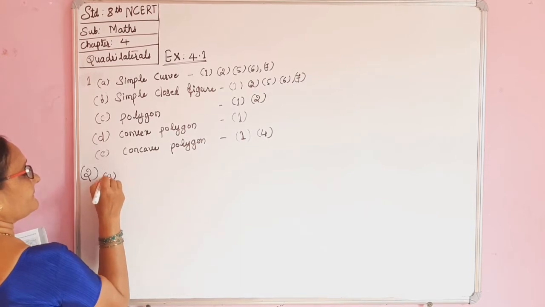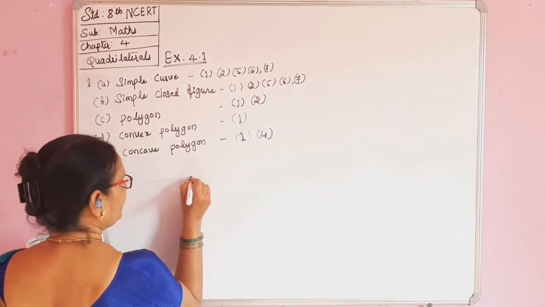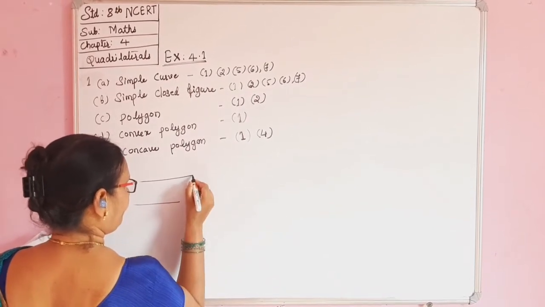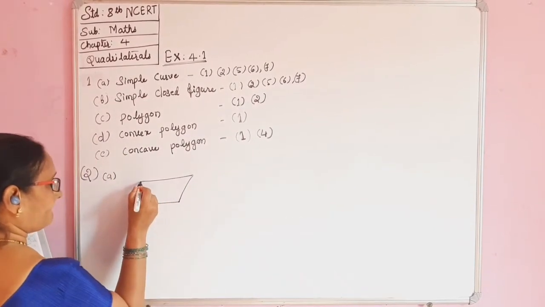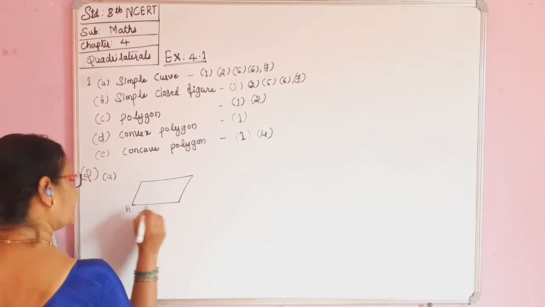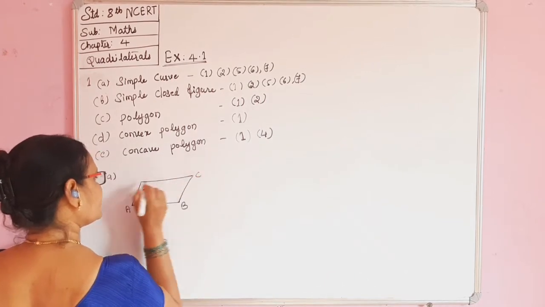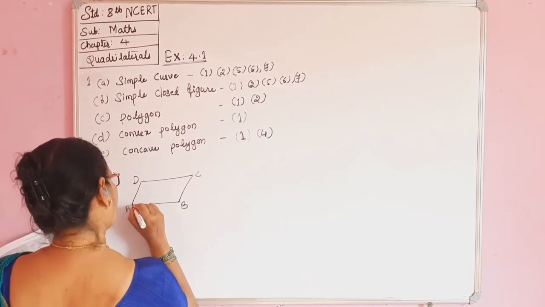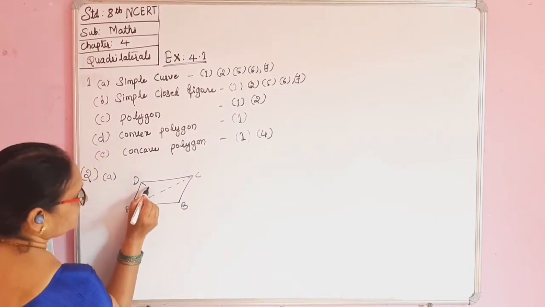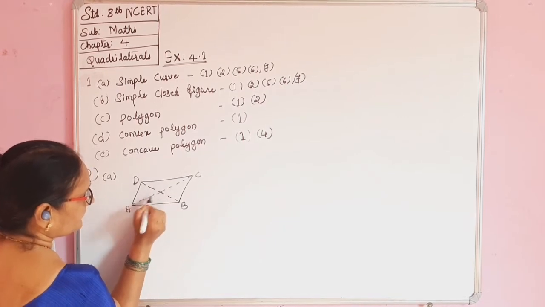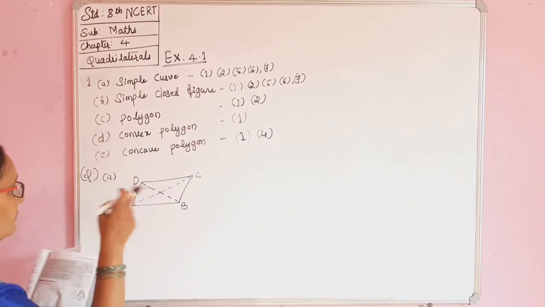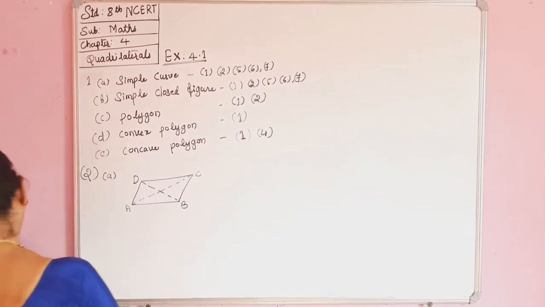This is a convex quadrilateral, A, B, C, D. This is one diagonal and this is the other diagonal. So there are 2 diagonals.